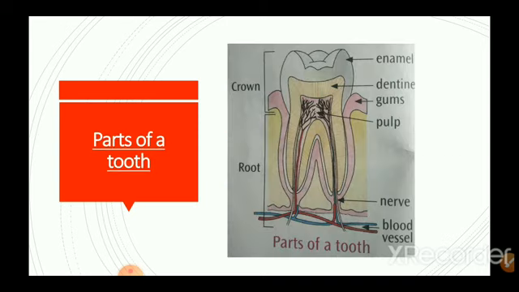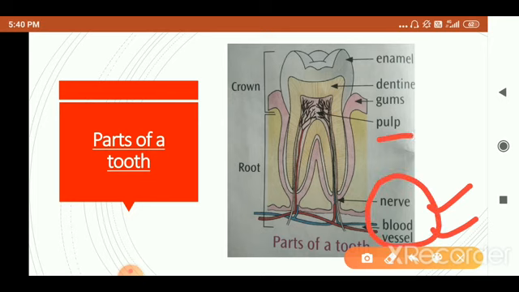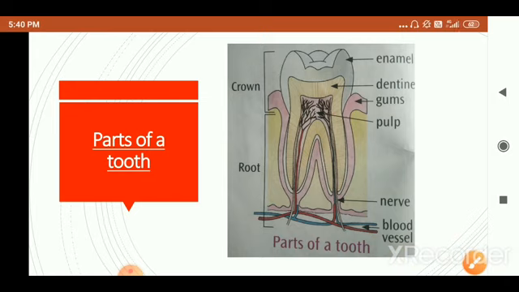See, as you can see here, this is the nerve, this is the blood vessel. Together they make up the pulp. That is nothing but the innermost or central layer of a tooth. It is very soft in nature.